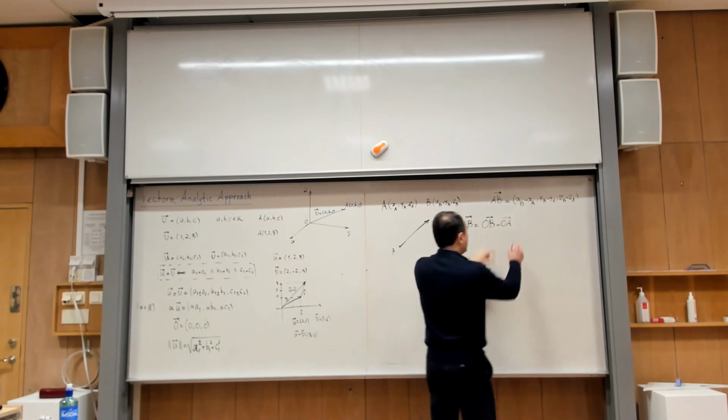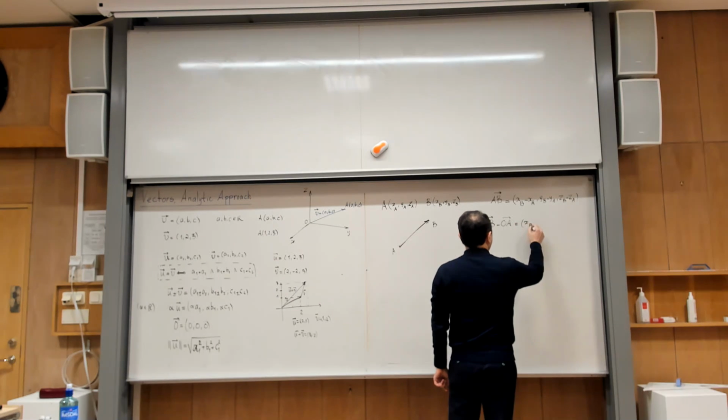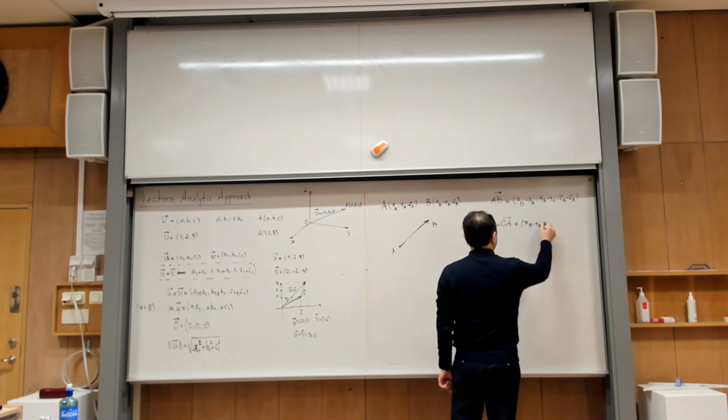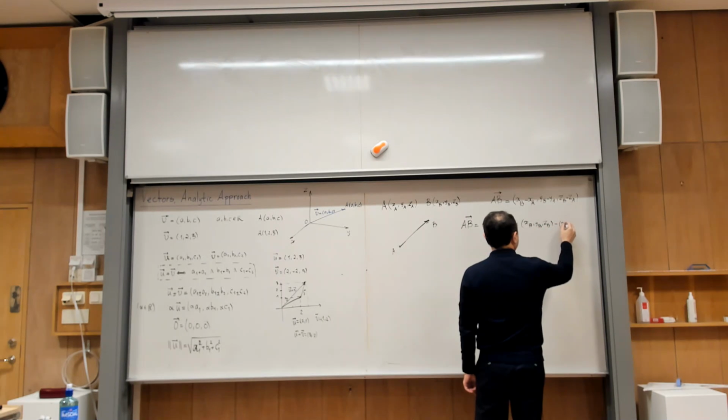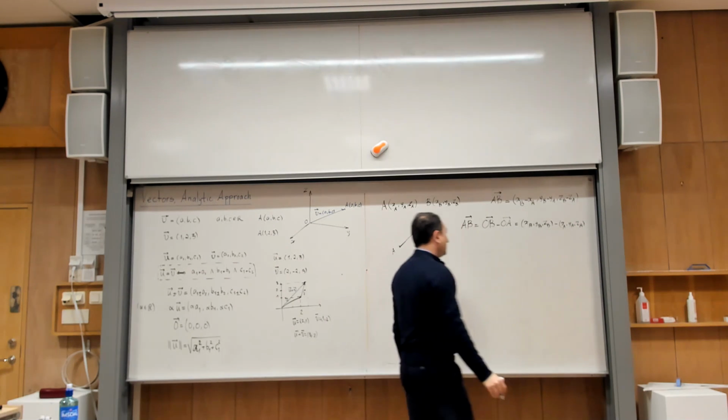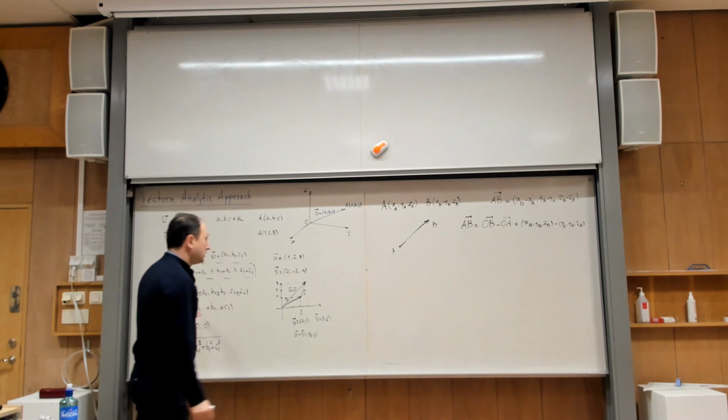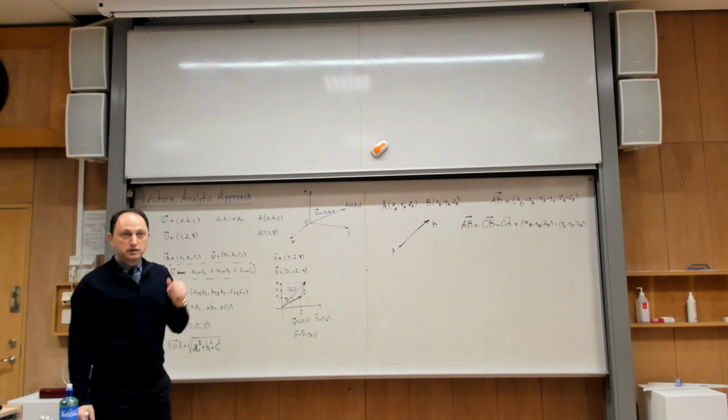So instead of that, I can write xb, yb, and zb, and then minus the same story here: xa, ya, and za. And this is a vector, that's a vector. I learned how to subtract the vectors. So that becomes exactly that expression that we got there.